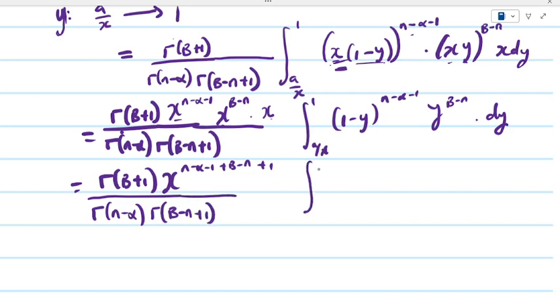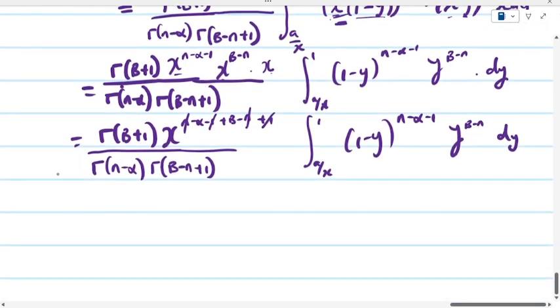Then we have the integral from a over x to 1 of (1 minus y) to the power n minus alpha minus 1, y to the power b minus n, then dy. Alright, so this minus n, this plus n, these cancel.